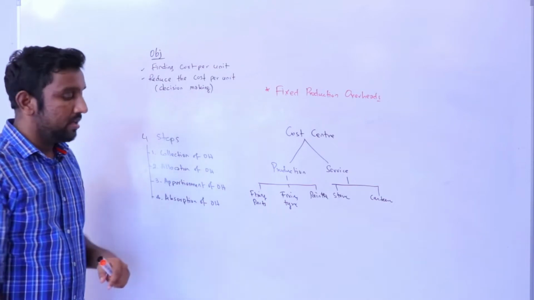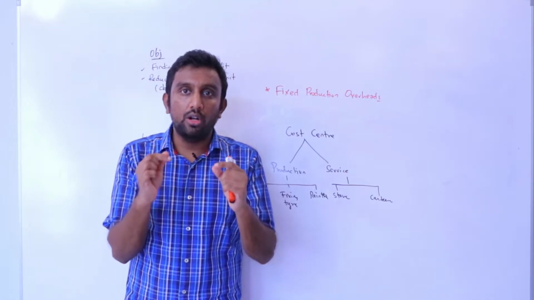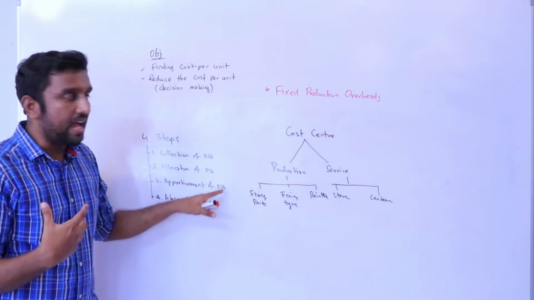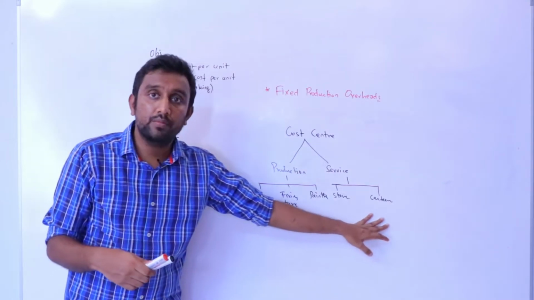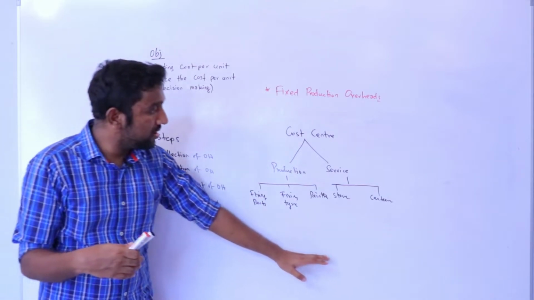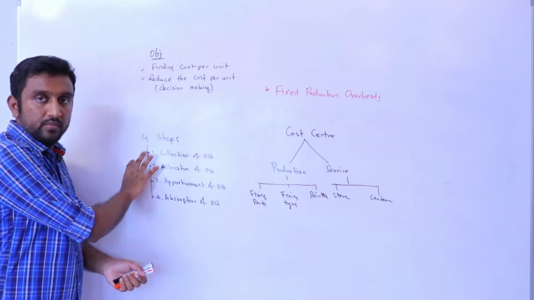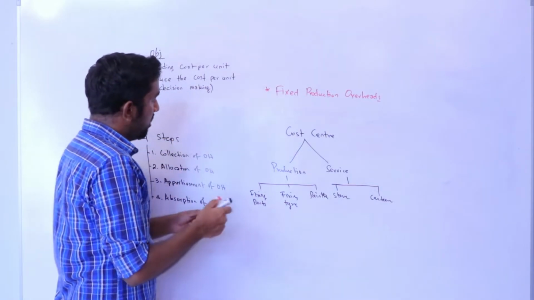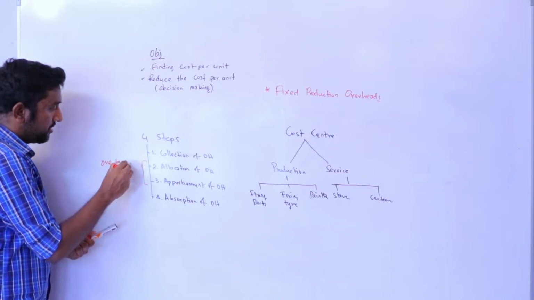And the second and third, allocation and apportionment, is where I am introducing the term overheads analysis sheet. Allocation and apportionment means I'm going to allocate my cost to these departments, because our entire objective is to get the total cost for each department, right? So to do the second and third steps, I'm going to introduce the overheads analysis sheet.